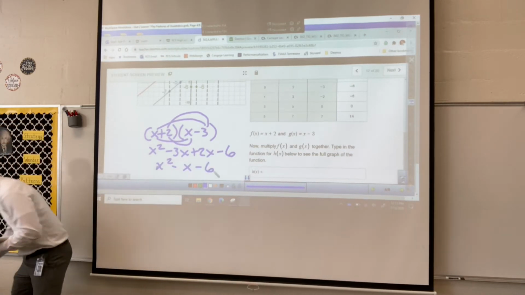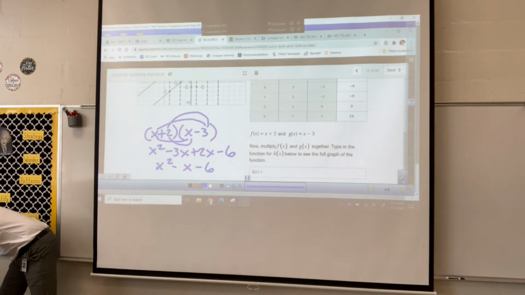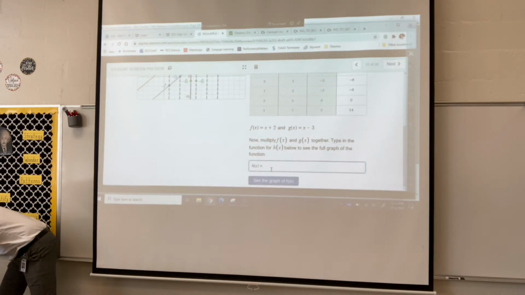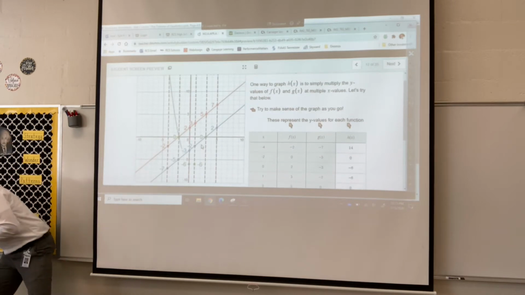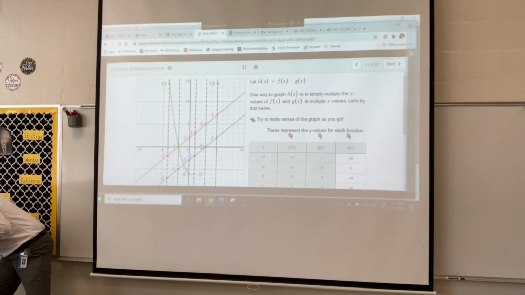So let's go ahead and type that in so we can visually see what this looks like. So x squared minus x minus 6. And you can watch the graph as it goes through there.